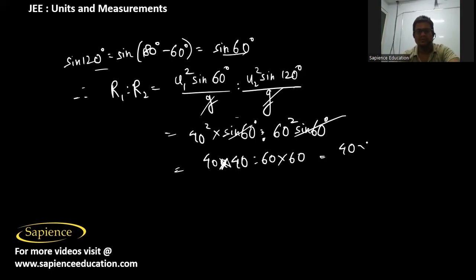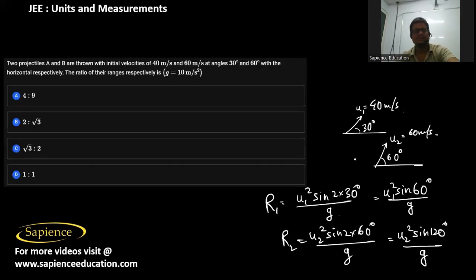Therefore this is 40 into 40 by 60 into 60, so the zeros will cancel, 2 to the 4, 2 to the 6, so that is 4 is to 9. So option A is the correct answer.